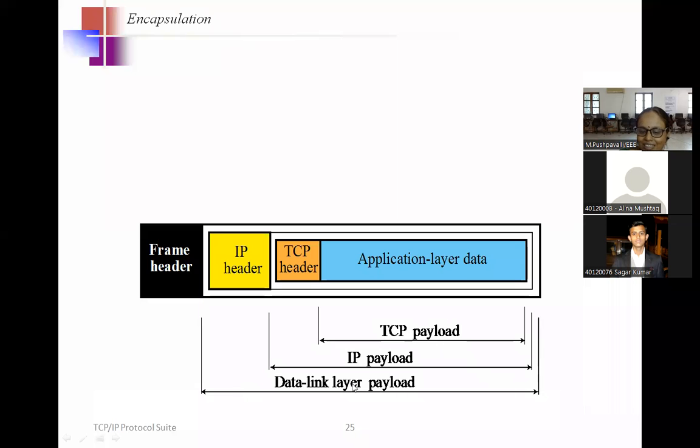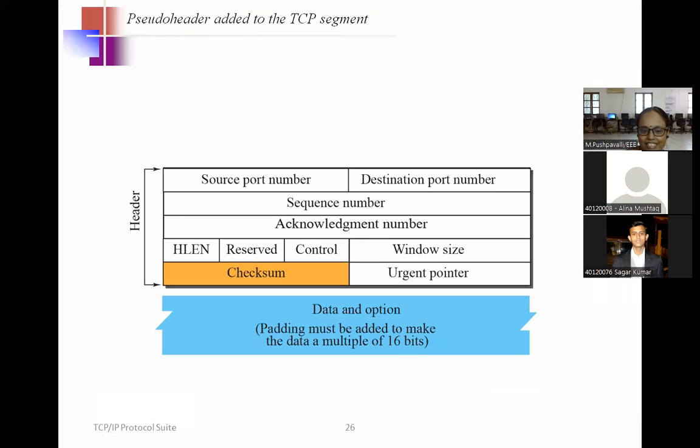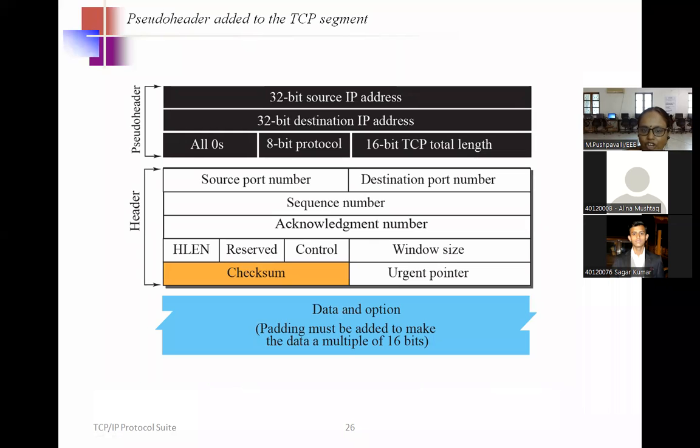That's why this is our second unit, this is our third unit, and this is our fourth unit. And you all know a pseudo header is added to the TCP segment. While coming to the internet protocol, definitely there is a 32-bit source IP address, a 32-bit destination IP address, an 8-bit protocol field, and a 16-bit TCP total length.